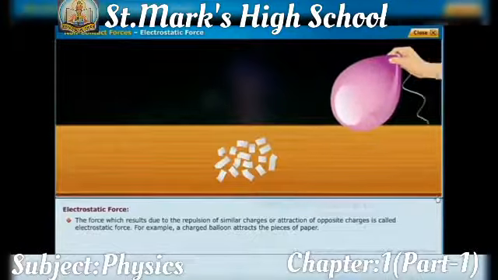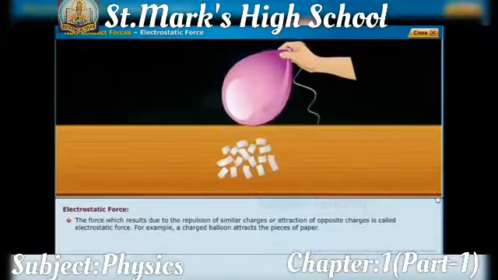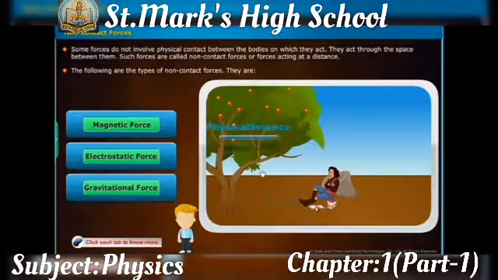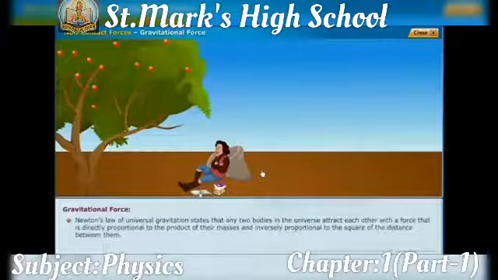For example, a charged balloon attracts the pieces of paper. Newton's law of universal gravitation states that any two bodies in the universe attract each other with a force that is directly proportional to the product of their masses and inversely proportional to the square of the distance between them.